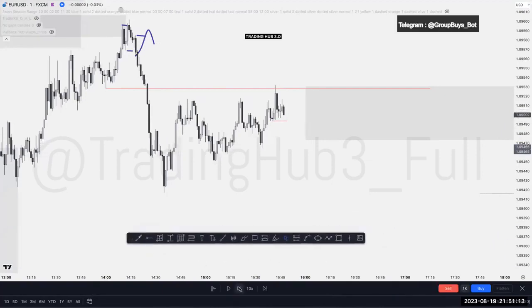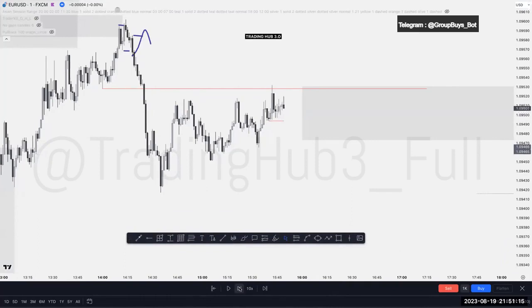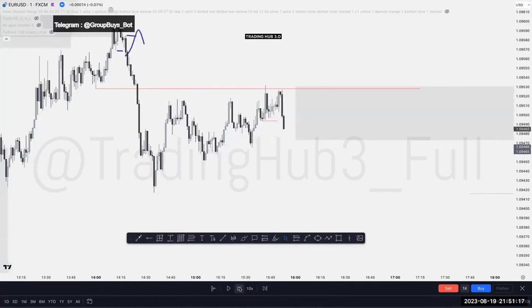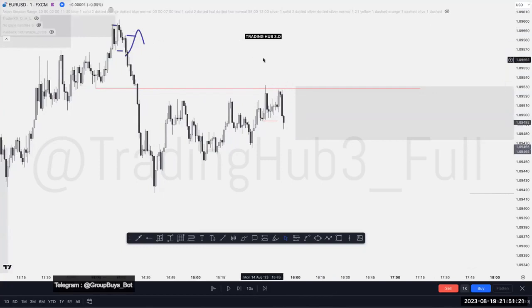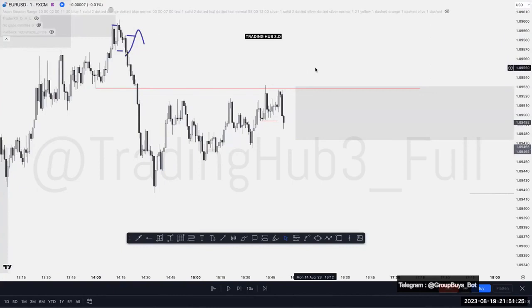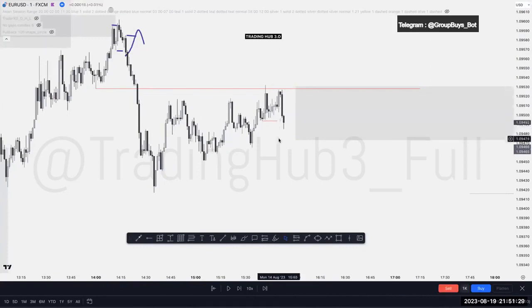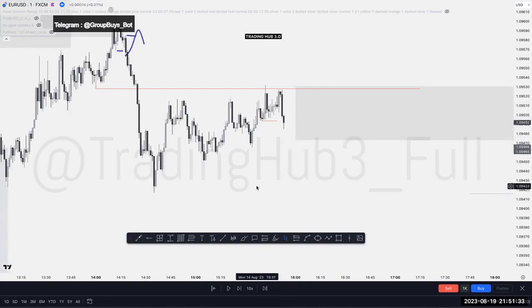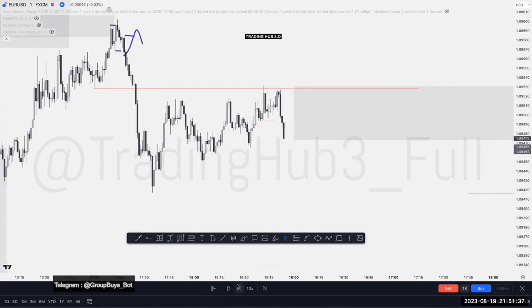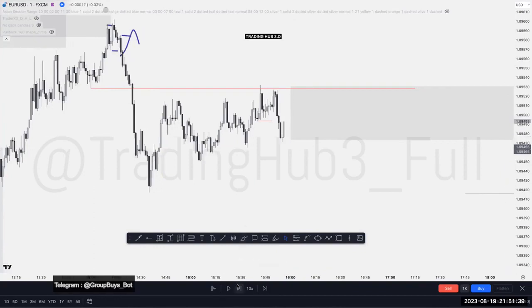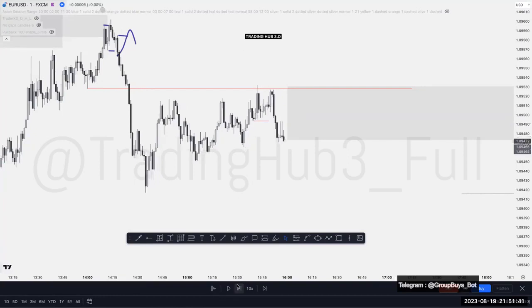Okay, price went up. Wait for it, because the market may go higher and then create a CHoCH or sweep, and then we can enter. This is our CHoCH, and where is the inducement in this leg? You have to wait for it to create inducement. Let's see what happened next. Okay, perfect.